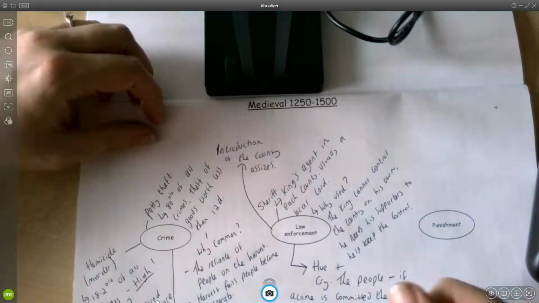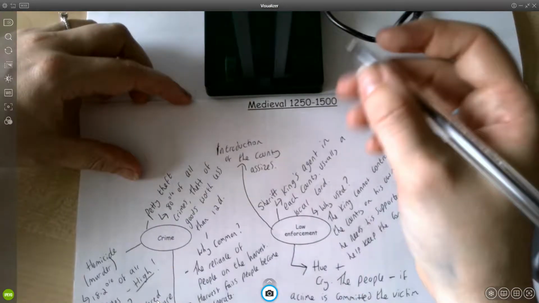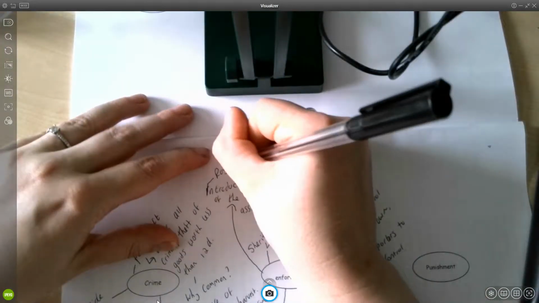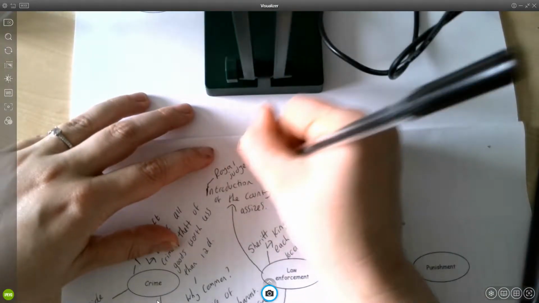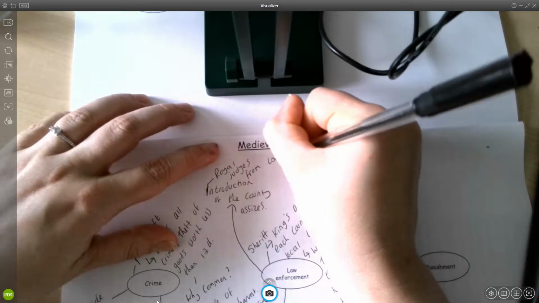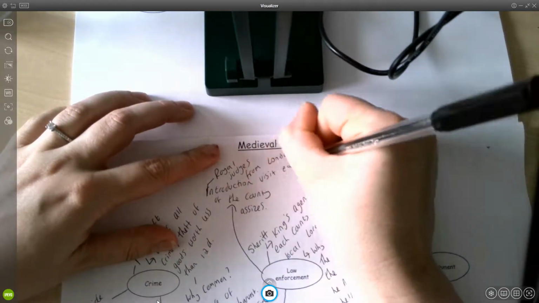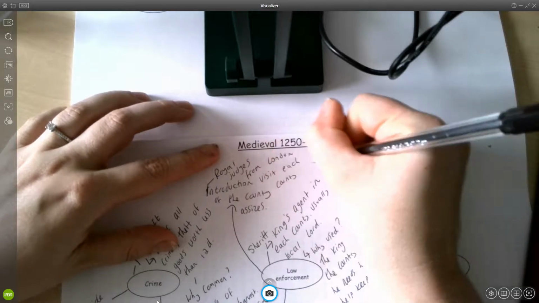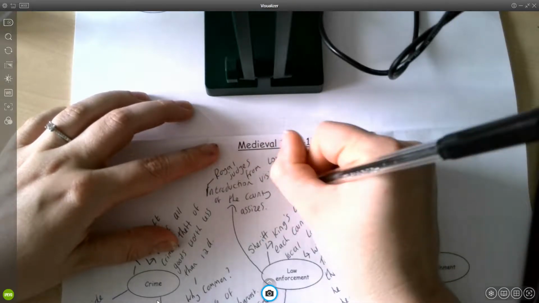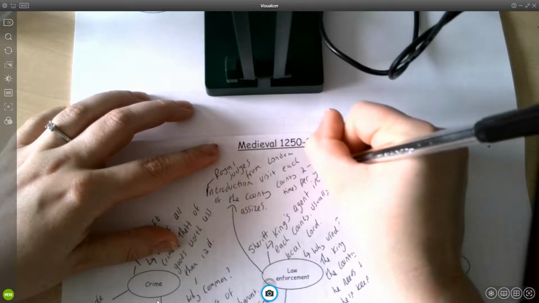And this is where royal judges from London visit each county two to three times per year.